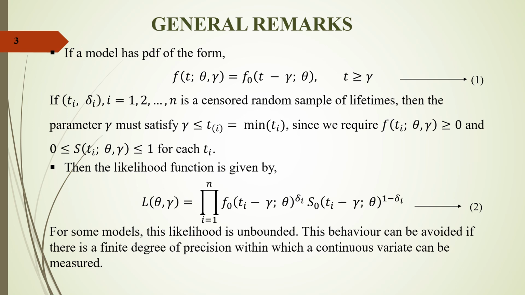Since we require that the PDF must be greater than or equal to 0 and the survival function must be in between 0 and 1, the likelihood function is given by equation 2.